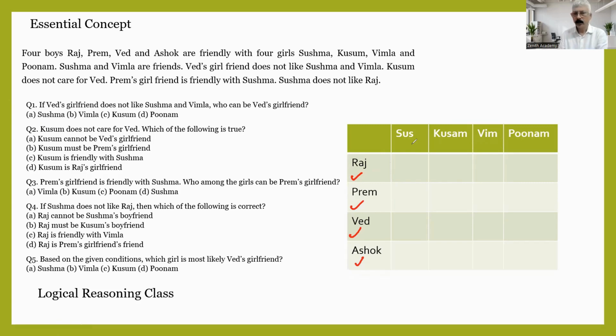And these are Susma, Kusum, Vimla and Poonam. So now this is the grid formed. Okay. A question: 4 boys and 4 girls are friendly with each other. Susma and Vimla are friends.